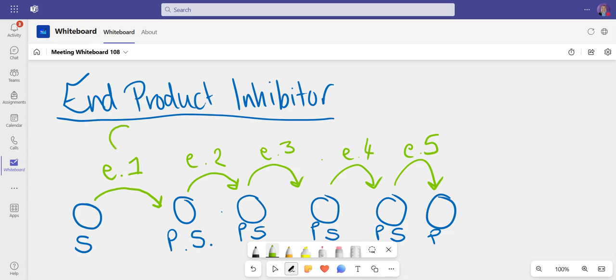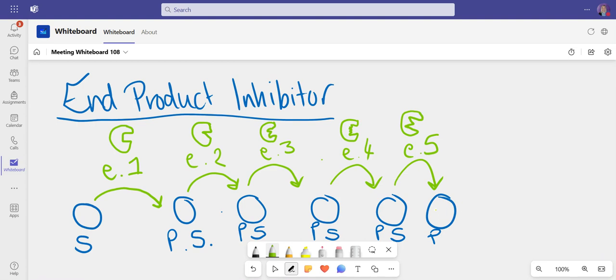Now, each of these enzymes is going to have a different shaped active site. I've not really drawn my enzymes so they fit in, but they're each going to have an active site that's a different shape, aren't they? Okay, because that's how enzymes work.